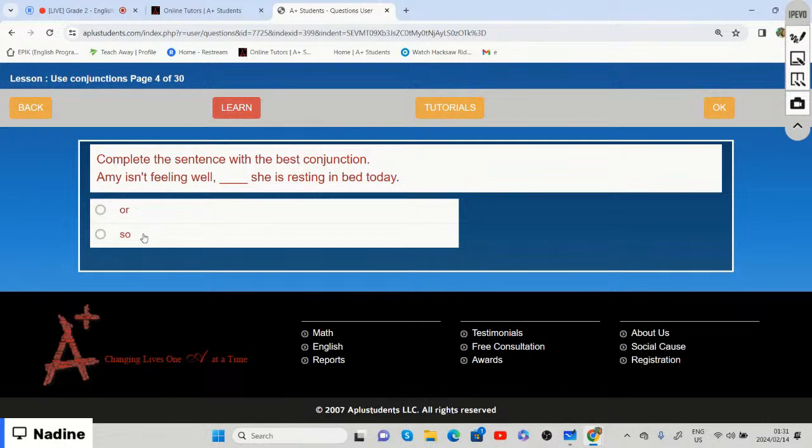Do we say or she is resting in bed today? Or do we say so she's resting in bed today? So Amy isn't feeling well. And then we're going to use the base conjunction, which is so. So since Amy's not feeling well, so she is resting in bed today.